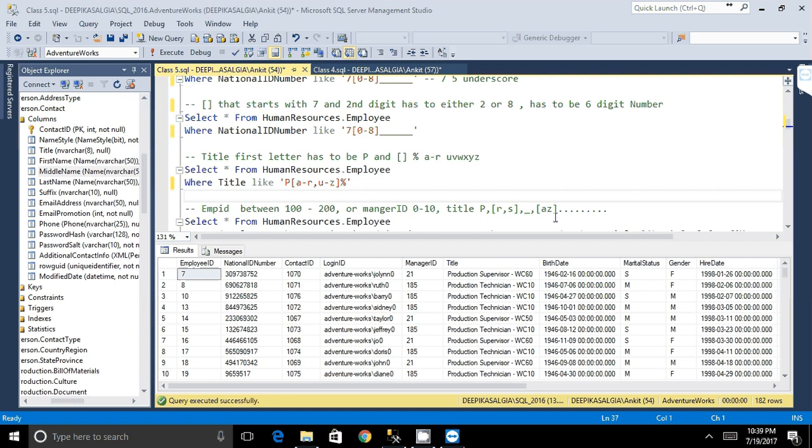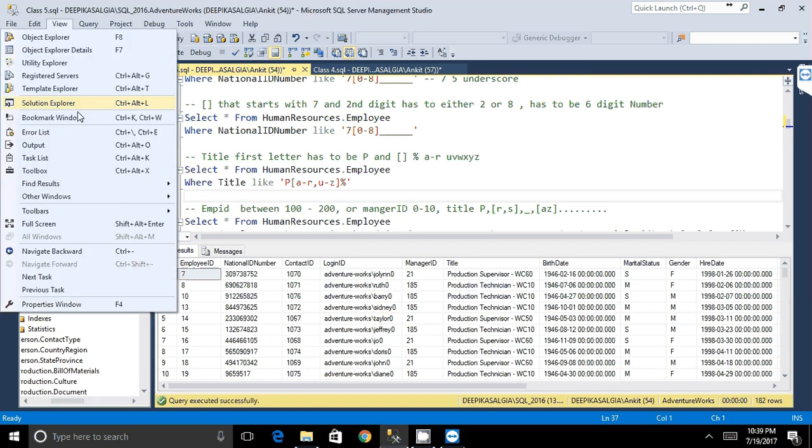Yeah, sure. You see it on the top, Object Explorer.